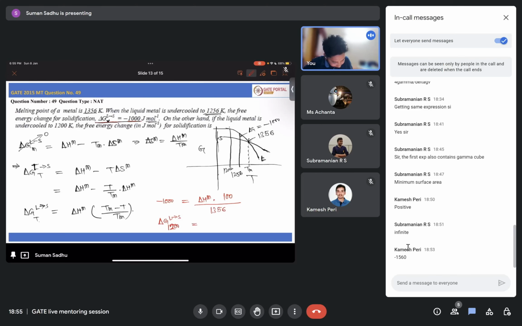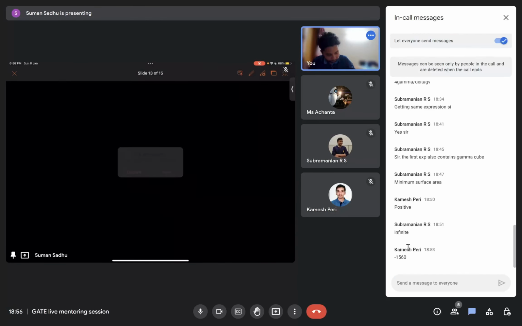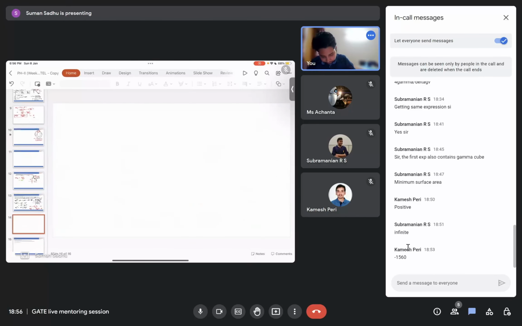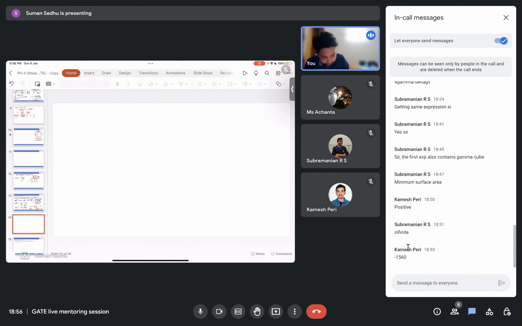And 1200 is equal to delta Hm into 156. Now if you take the ratio of these two, how much is it coming to, till minus 1000.